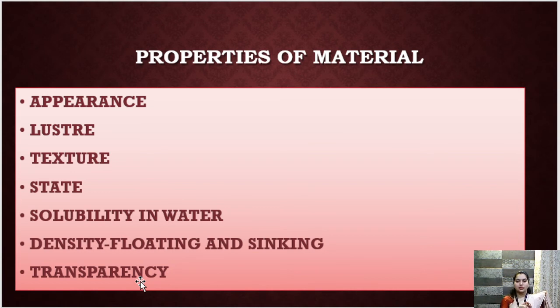What is translucent? The object through which we can see partially is translucent. What is opaque? Through which we cannot see at all is an opaque object. So this can also be one of the properties of material. Clear? So now let's go to the text to see what is written.